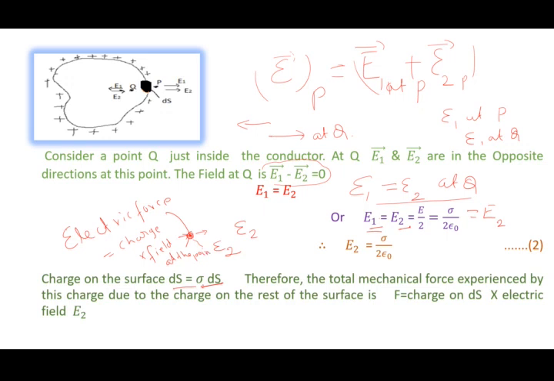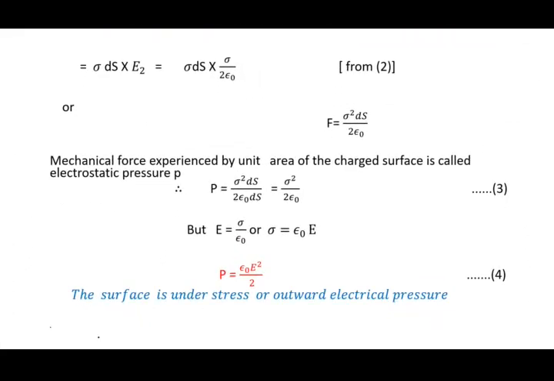In this case charge on the disk is sigma ds, and the electric field is E2. Therefore, net force on the charge is sigma ds into E2, or substituting the value of E2, I have the force on the conducting surface.